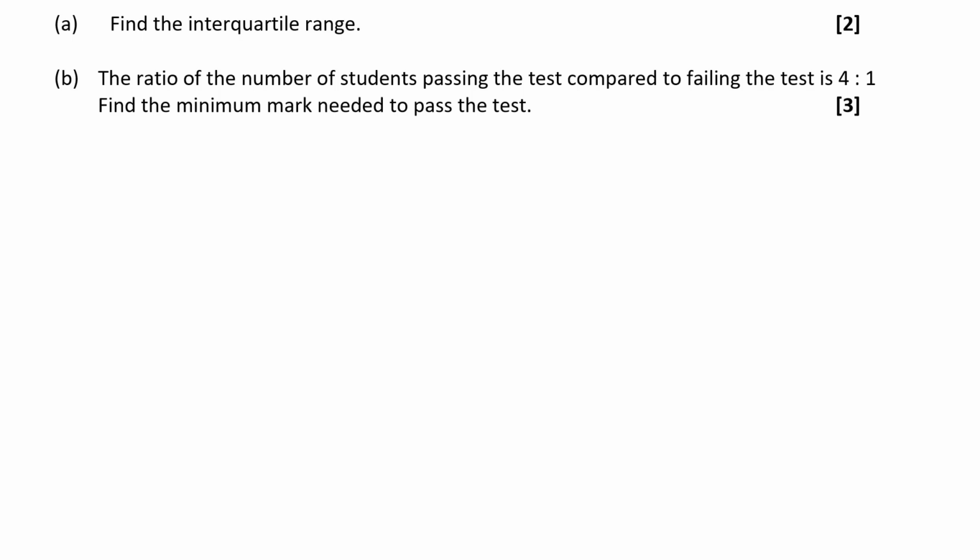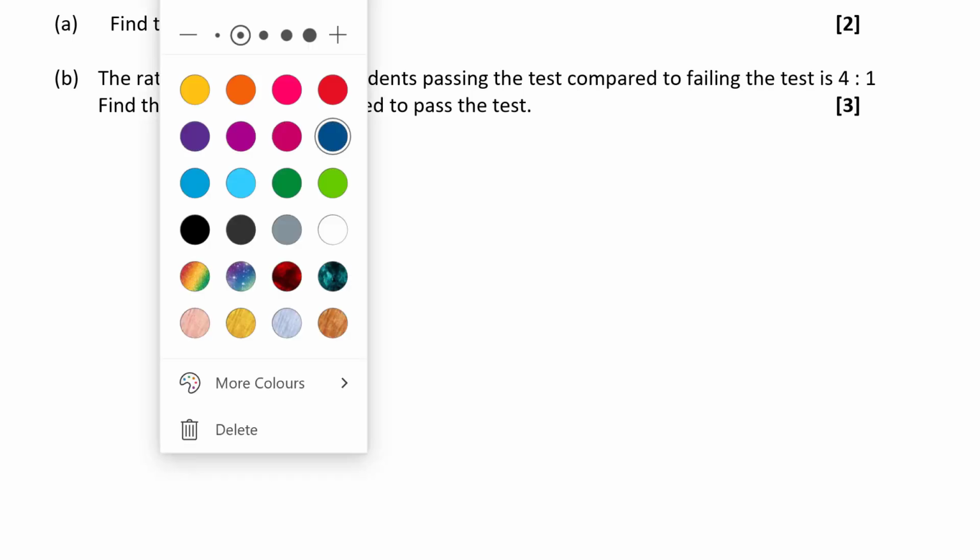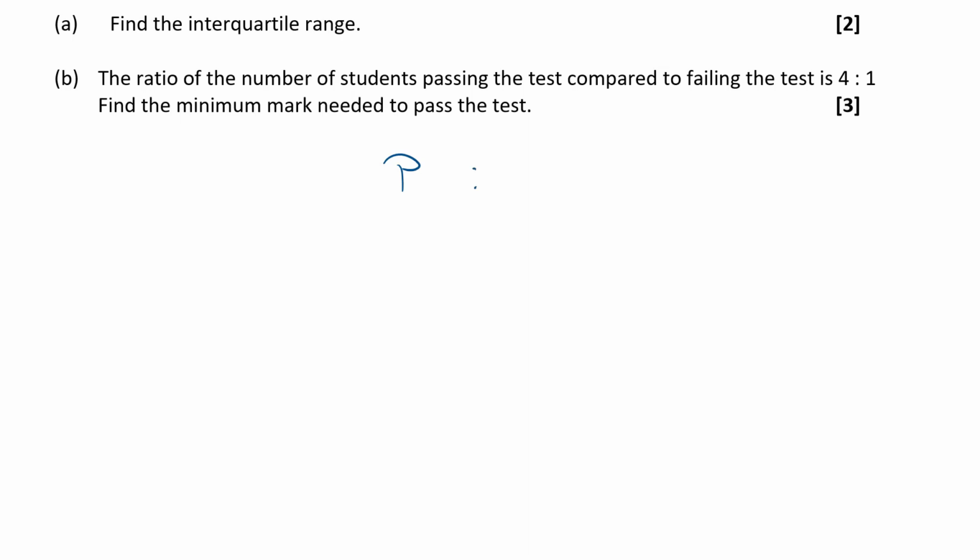Find the minimum mark needed to pass the test. So the ratio of passing to failing is the ratio 4:1. Now if you remember, there were 80 students altogether, and if there are 4 parts for passing and 1 part for failing, 4 plus 1 is 5 parts altogether.